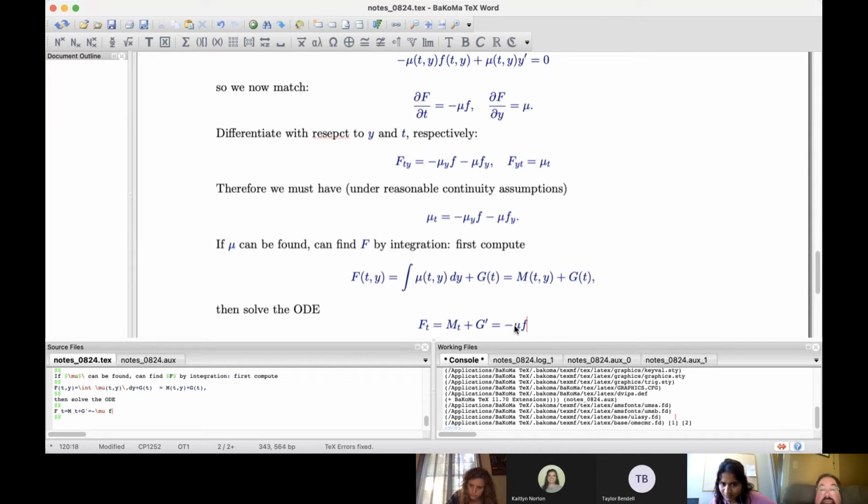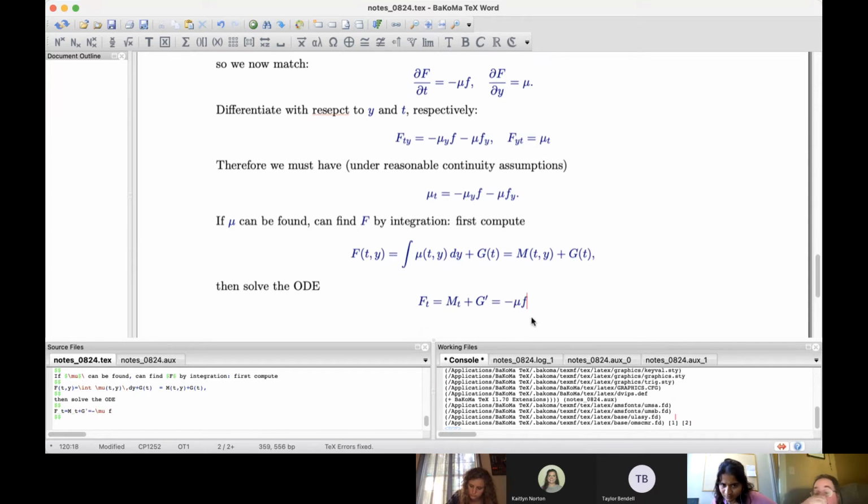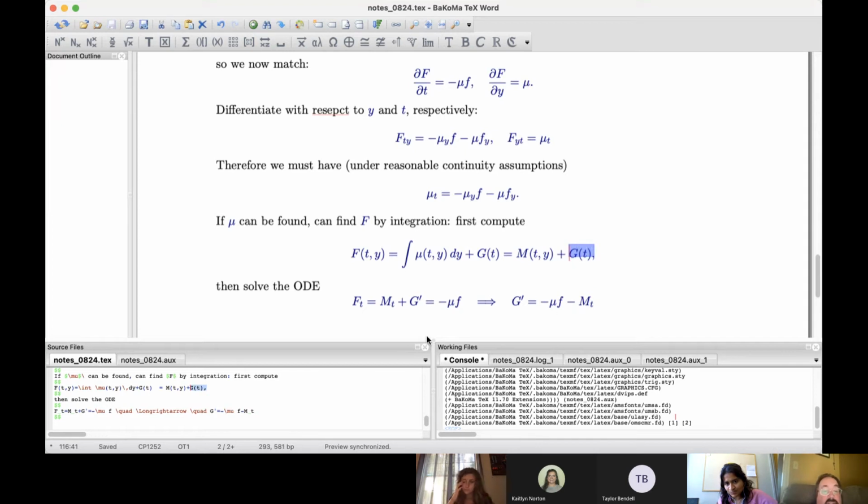And at this point, mu and f are both known, and this is known too. So really what I'm solving is g prime is equal to minus mu f minus dM dt. So really, I'd solve this for the portion of capital F that I don't know at this stage.